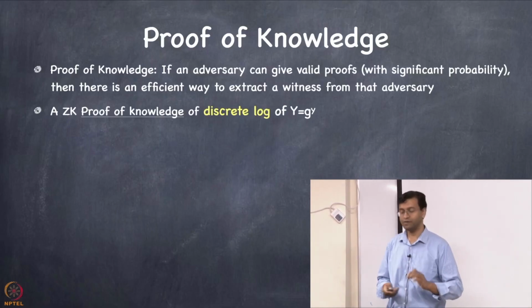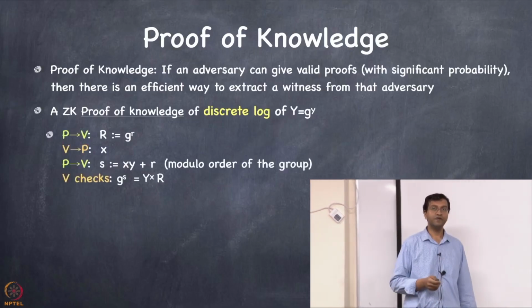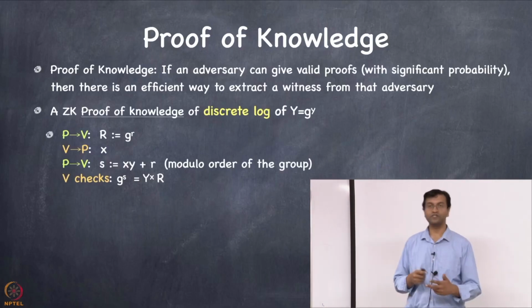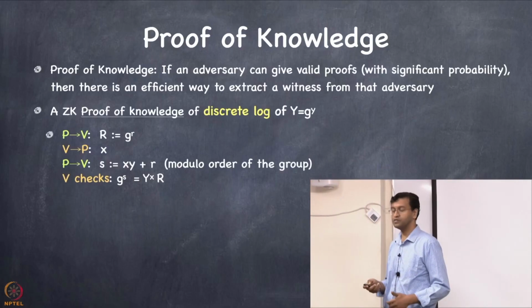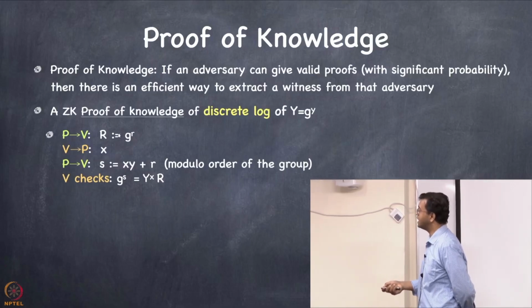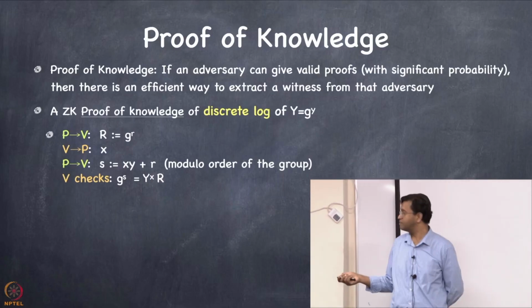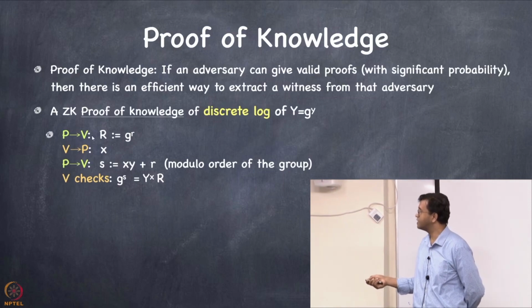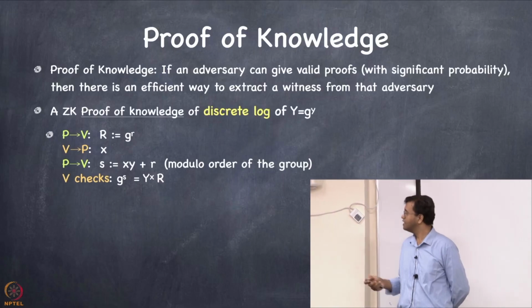So here's a much more direct proof. This is the entire proof. It is what's called an honest verifier zero knowledge protocol. So let me just go over the proof. The prover picks a random group element, in a way that it knows the discrete log. So it picks a random little r and computes capital R. And it sends this capital R to the verifier.